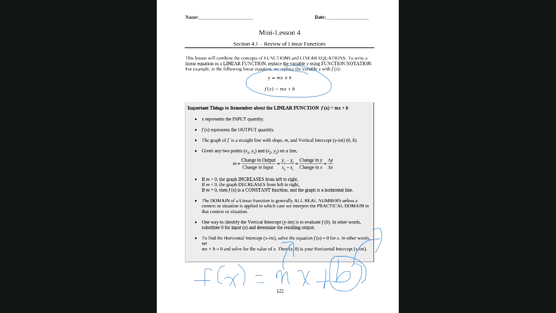So for the x-intercept, y is 0, so we have 0 equals mx plus b, like what I did a few minutes ago. The m is always the slope, and the b is the y-intercept, or the vertical intercept, but I will explain that in a bit.